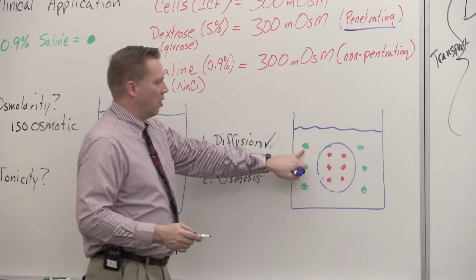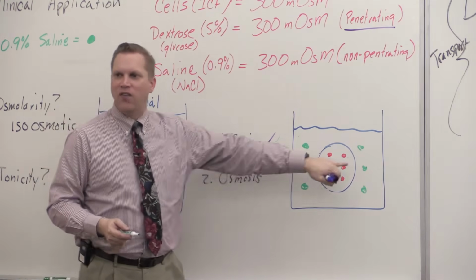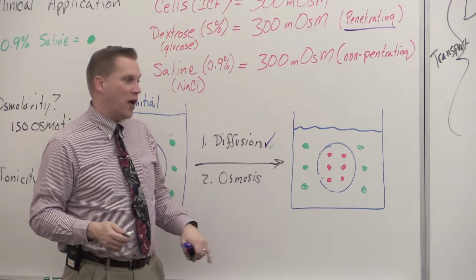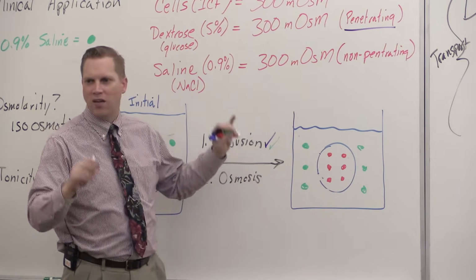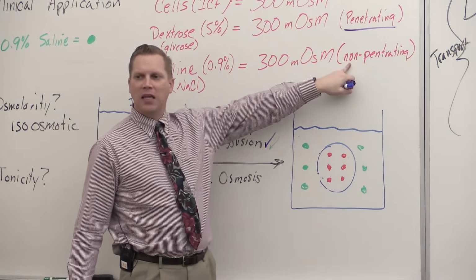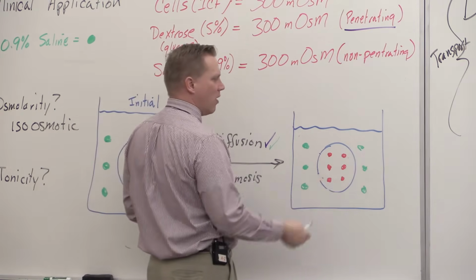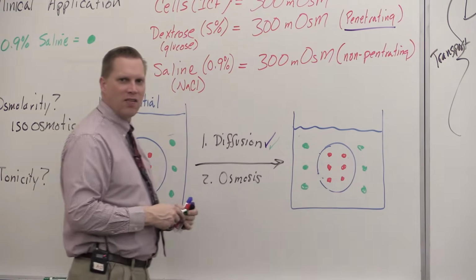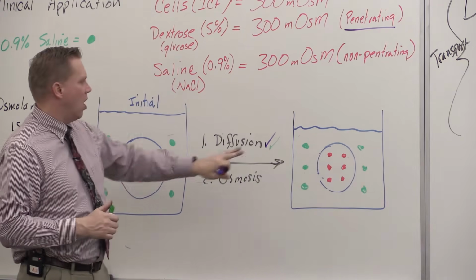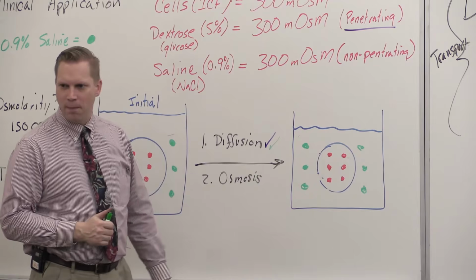Well, these ions cannot diffuse across the membrane, so there's actually no effect. So we've considered diffusion, and we said that doesn't happen because saline is non-penetrating. So the red dots can't penetrate outside, the green dots can't penetrate inside. So after diffusion, our model looks exactly the same.